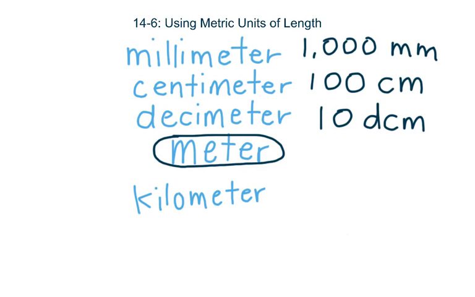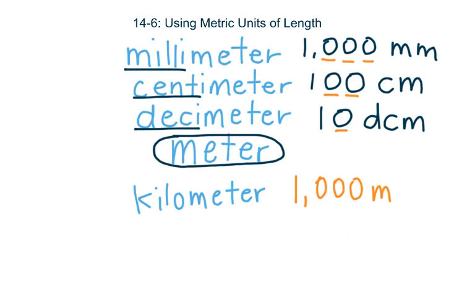What you can notice about the metric system that is much easier than the customary system is that everything has to do with powers of 10. Milli, centi, and deci all have prefixes that connect to how many units are in 1 meter. Notice also the patterns of zeros. On the other hand, a kilometer is equal to 1,000 meters. So if I had 1,000 meters, that would be the same as 1 kilometer.